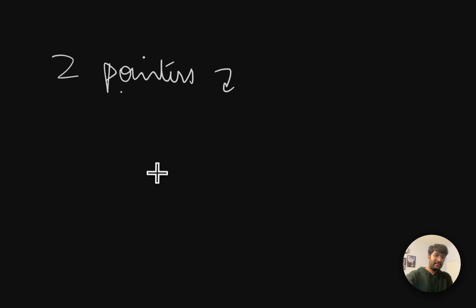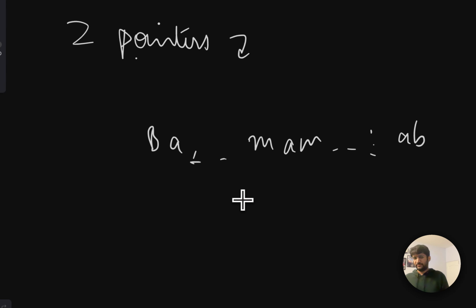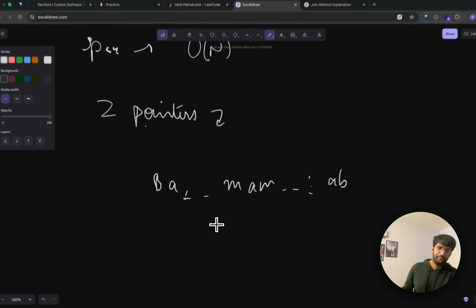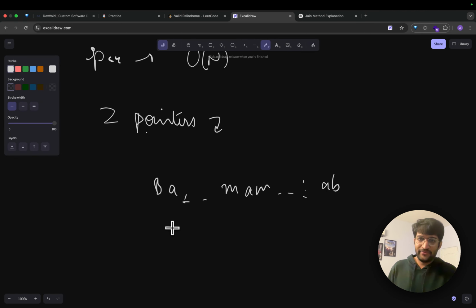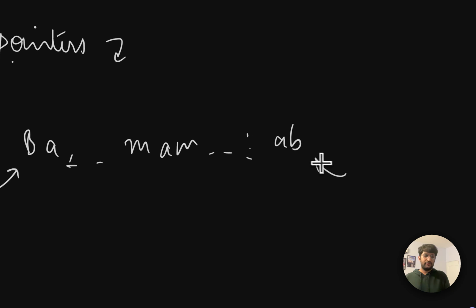Let's take an example and explain. B, A, comma, space, M, colon, space, space, A, B. First we'll start with the left and right. Left is going to be this, right is going to be this.